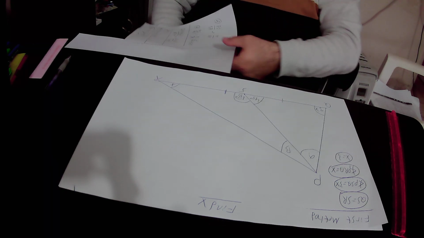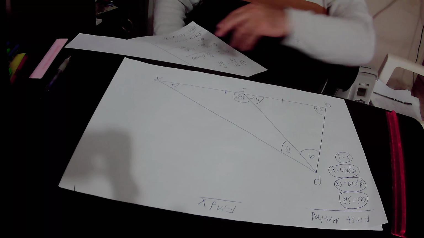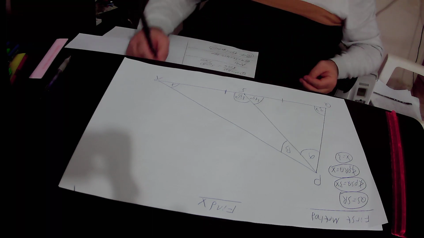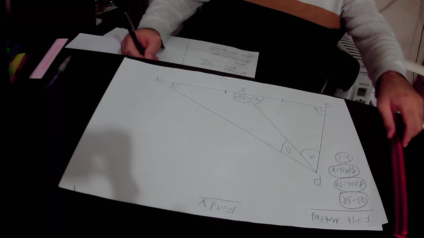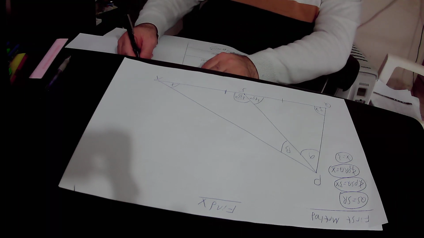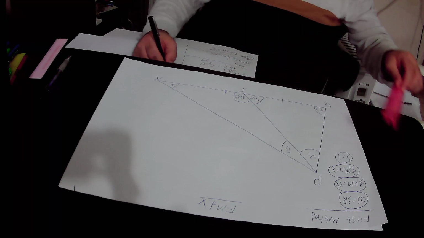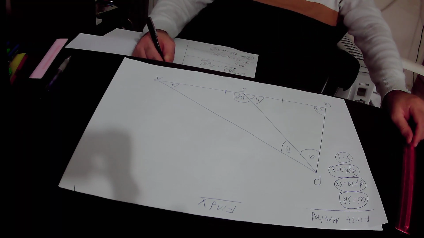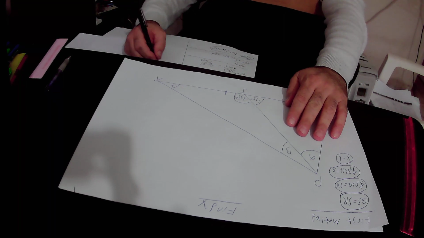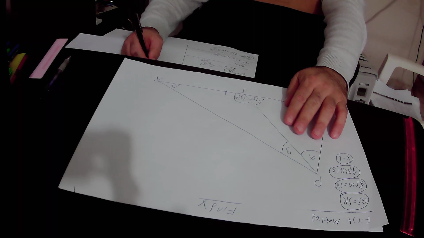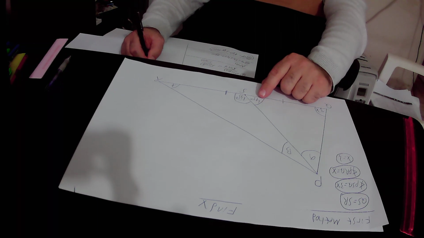Likewise, in triangle PSR, the sum of the angles must be equal to 180 degrees. That is to say, beta plus 135 degrees plus x must be equal to 180 degrees.